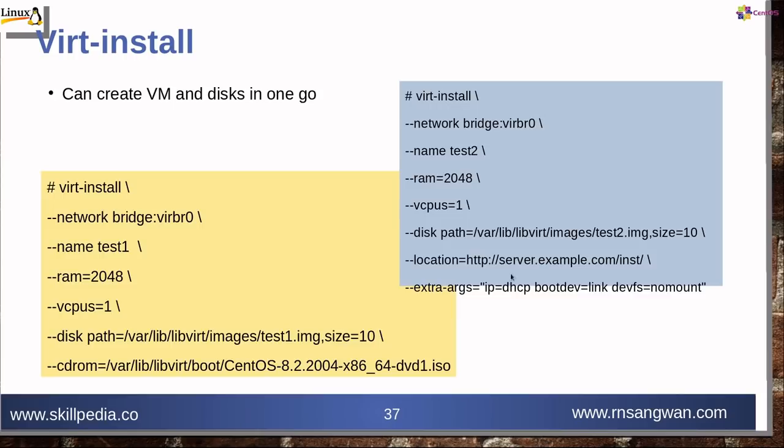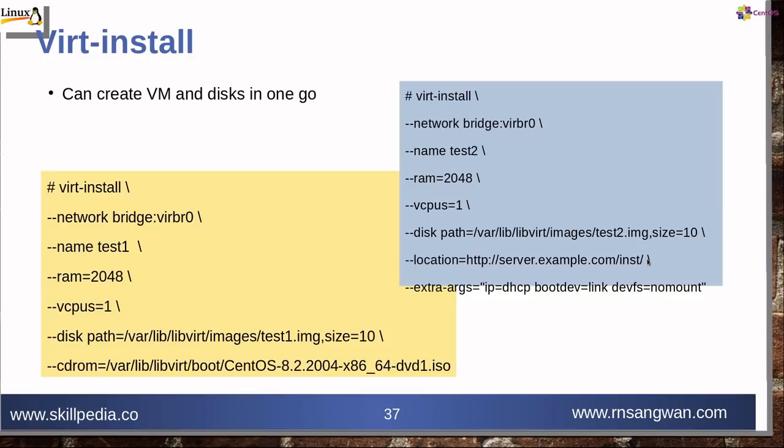Second example is using a web server, not using the disk. There I'm using --location, the rest of the details are the same, and I specify server.example.com/inst because my web server is located here.